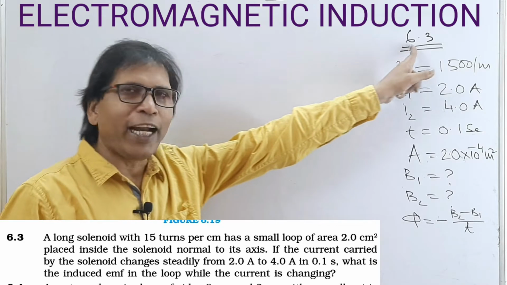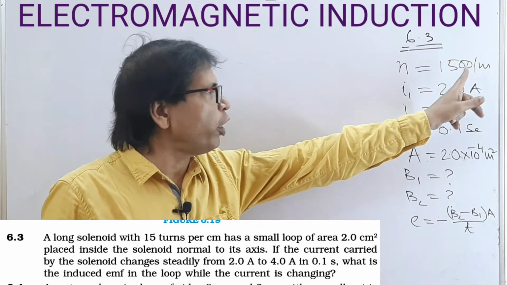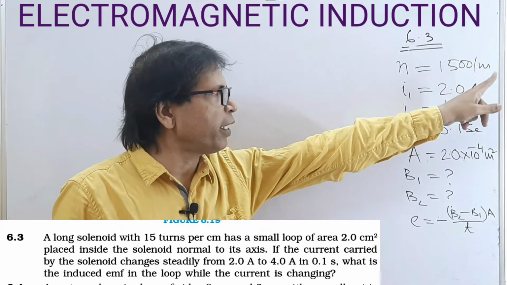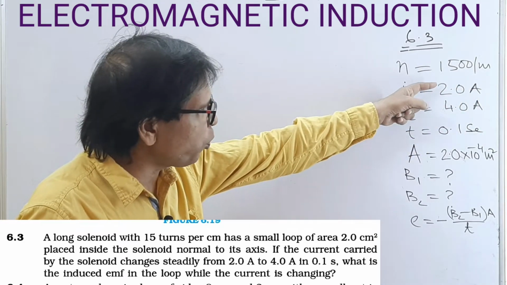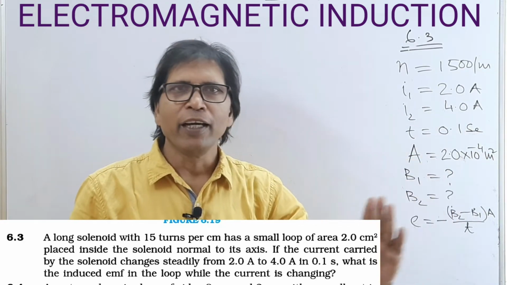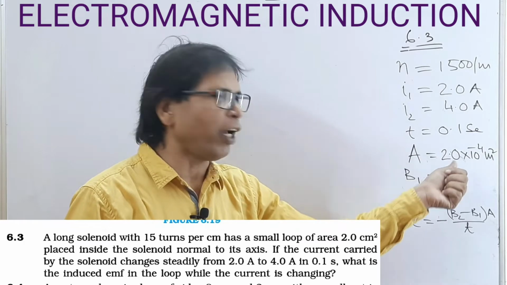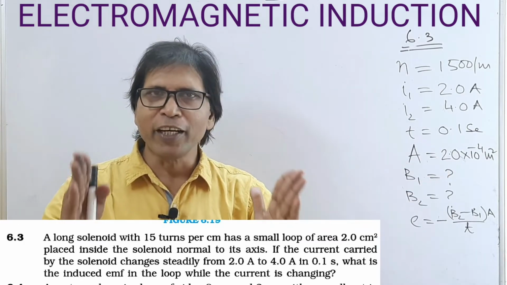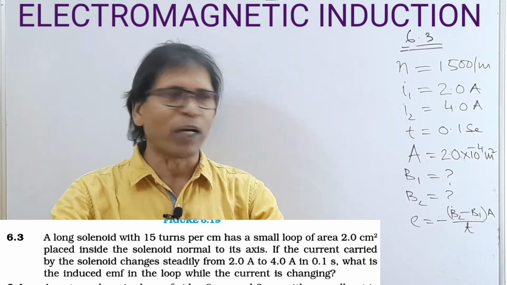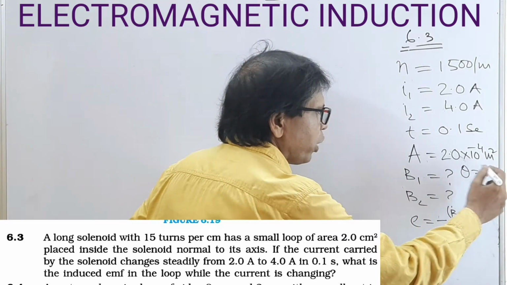Now NCERT 6.3. The number of turns in a solenoid is 1500 per meter. Current changes from 2 ampere to 4 ampere in 0.1 second. We have to calculate the EMF induced in this coil, which is placed normal to the axis of the solenoid, that is theta equals 0 degree.